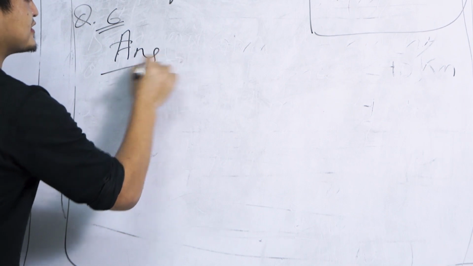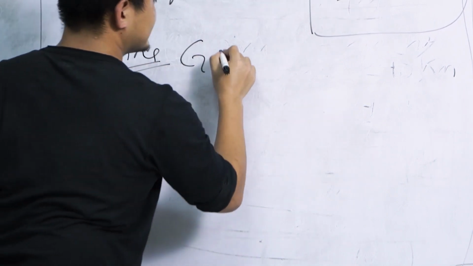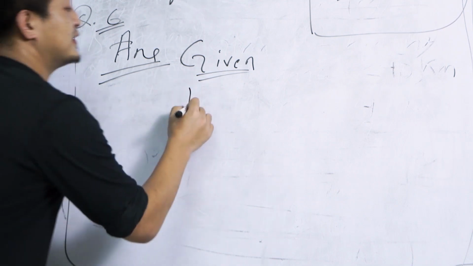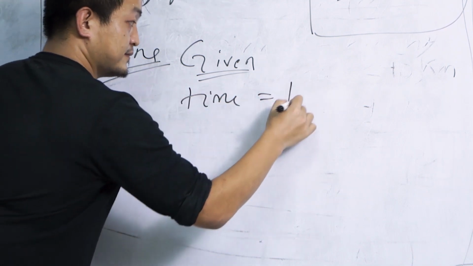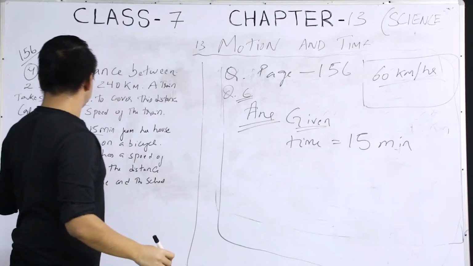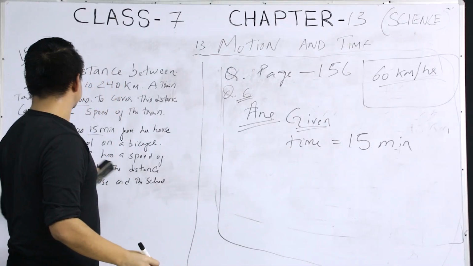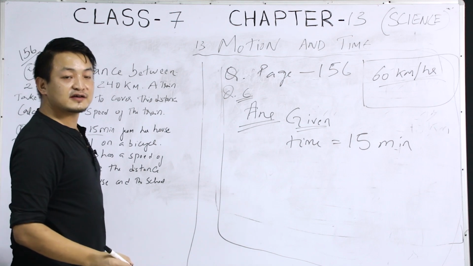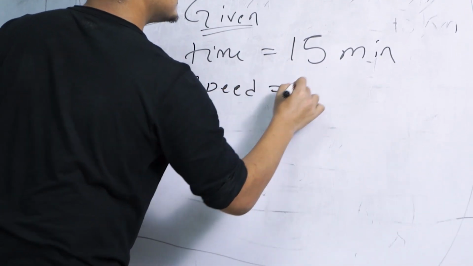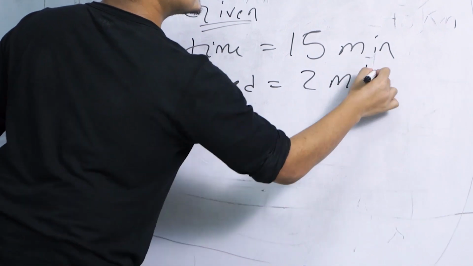So answer. Now given, time, it's given 15 minutes. Now, if the bicycle has a speed of 2 meters per second, now the speed is also given. That is 2 meters per second.